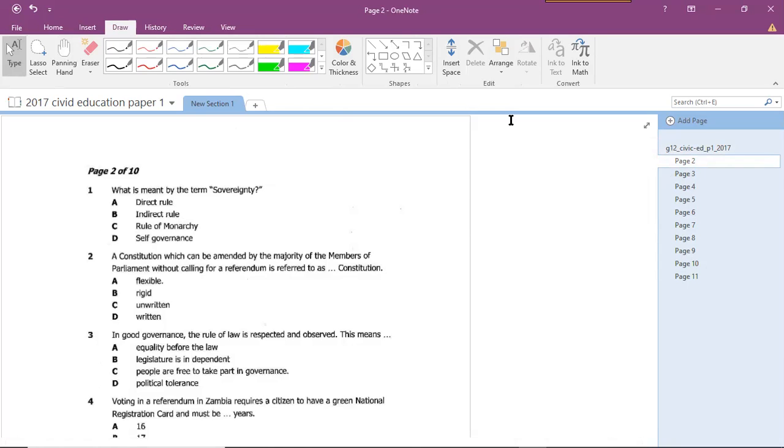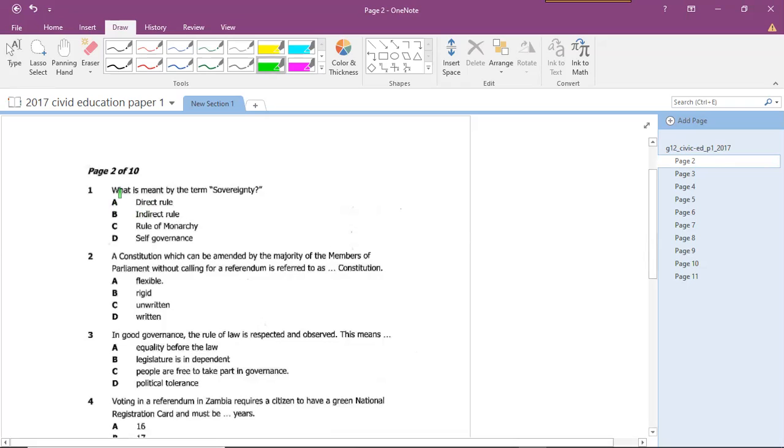I'll send you this immediately after class, so that you can get your civic education tuition book and try to write down the questions, not the MCQs. For example, in your book, write what is meant by the term sovereignty, then using the correct answer, write the answer. So just write down the questions, then try to revise them.